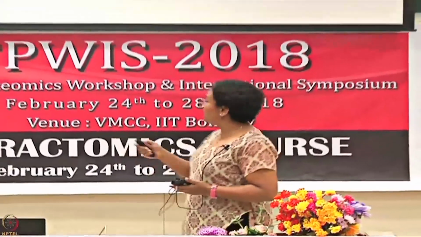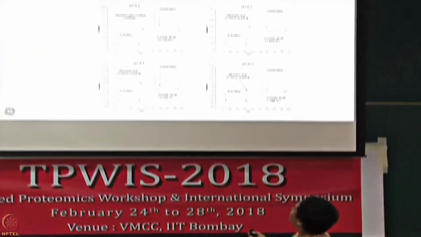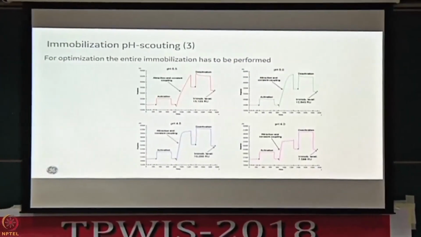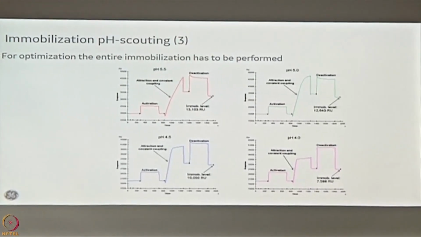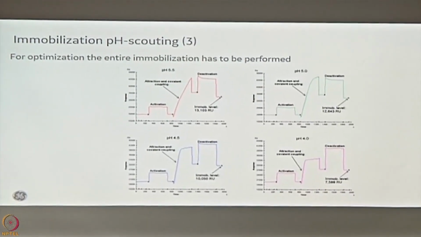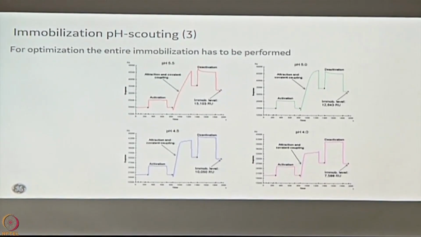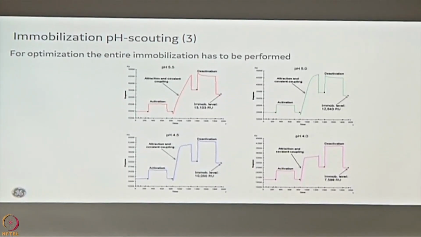So we actually did not get enough information from there. We took the same thing and ran it through the whole immobilization process. And you see in pH 5.5, you get to around 13,000 RUs, and pH 5 you get close or maybe similar, 13.5 and 12.6, very close to each other.